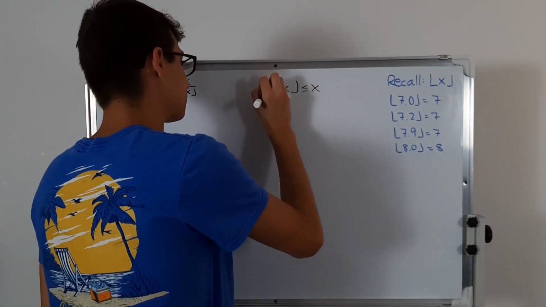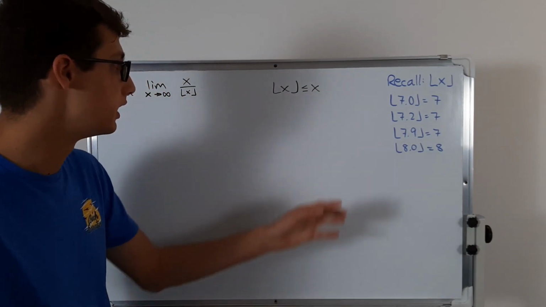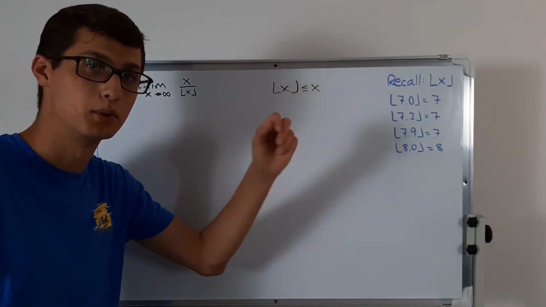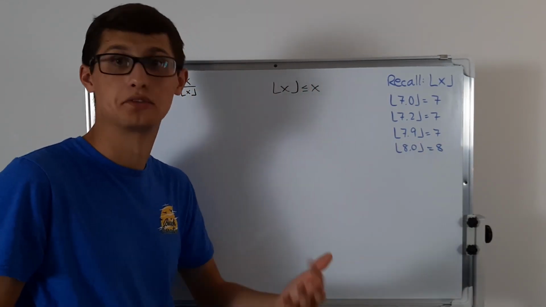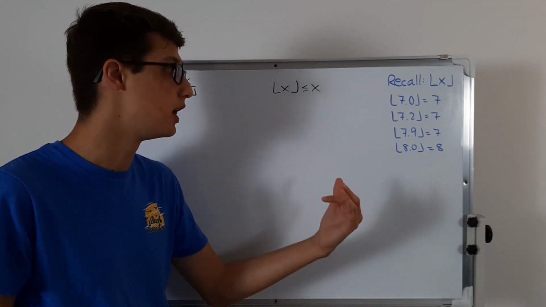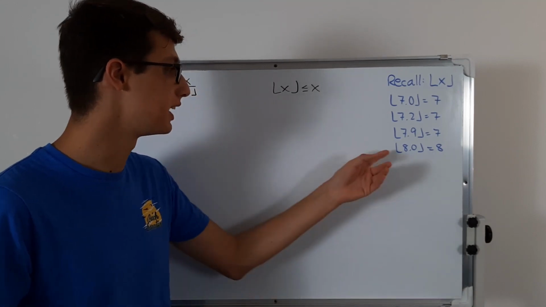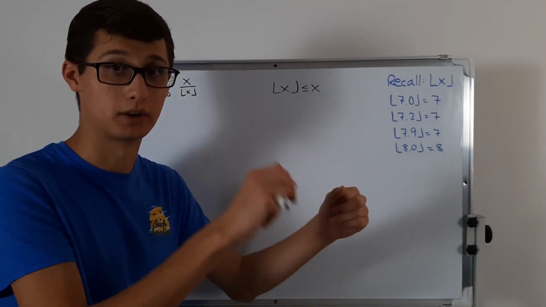And then let's look for a lower bound here. So if we think of the extreme case, 7.99999, something like that, the floor of that is going to be 7. But that's almost as far as we can go. Once we get to 8, the floor of that is 8. So that's out of our range.